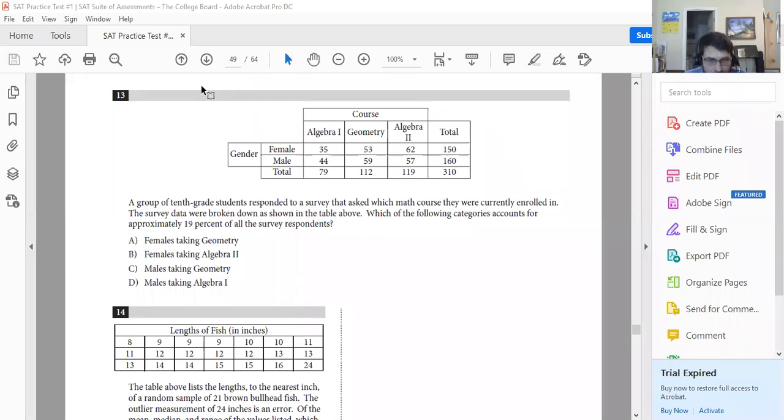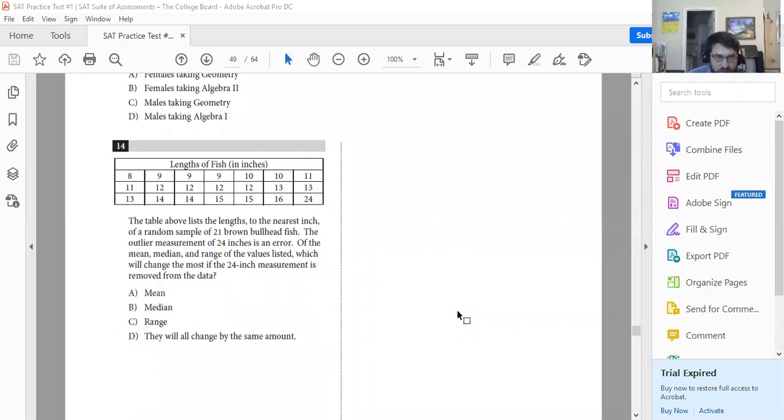Number 14. The length of fish in inches. The table above lists the lengths to the nearest inch of a random sample of 21 brown bullhead fish. The outlier measurement of 24 inches is an error. Of mean, median, and range listed, which will change the most if the 24-inch measurement is removed from the data?